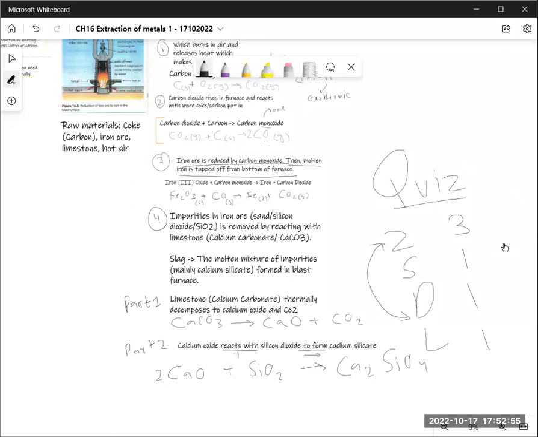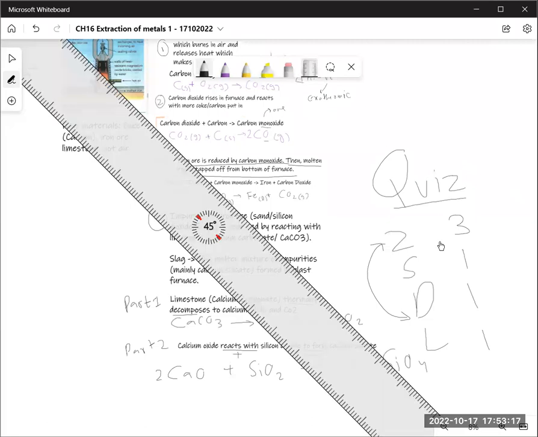Now the next team, Zahra and Diana, by which equation is calcium oxide formed in the blast furnace? Or how is calcium oxide formed in the blast furnace? By thermally decomposing. All right.